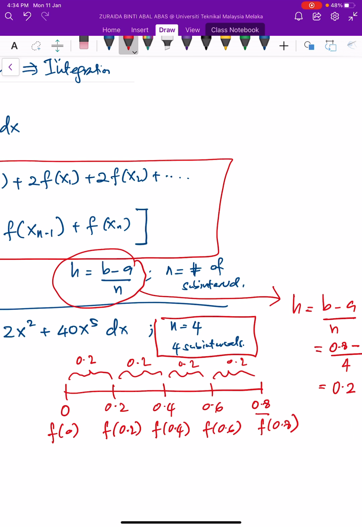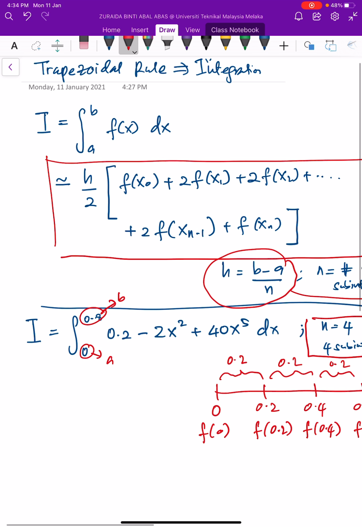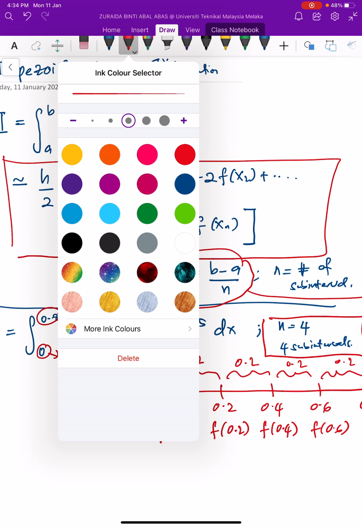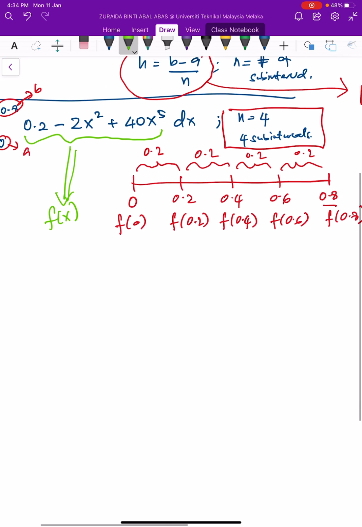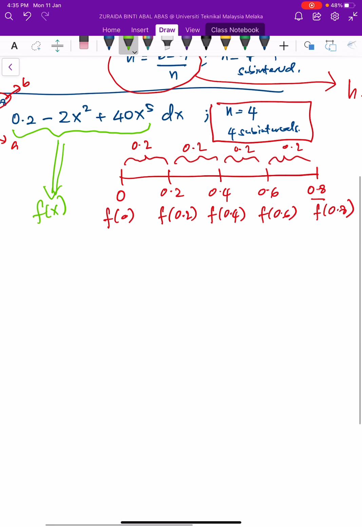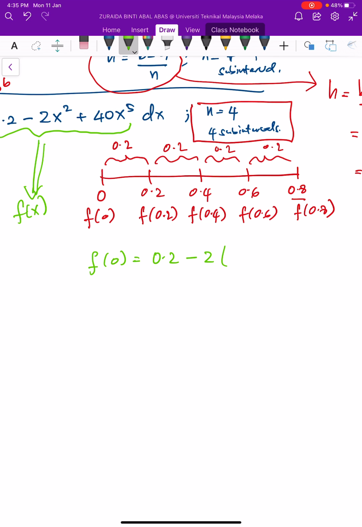Okay. Then, remember that you have this function here. So this is your f(x). So you need to evaluate f(0). F(0) means you have 0.2 minus 2 multiplied by 0 to the power of 2 plus 40 times 0 to the power of 5.